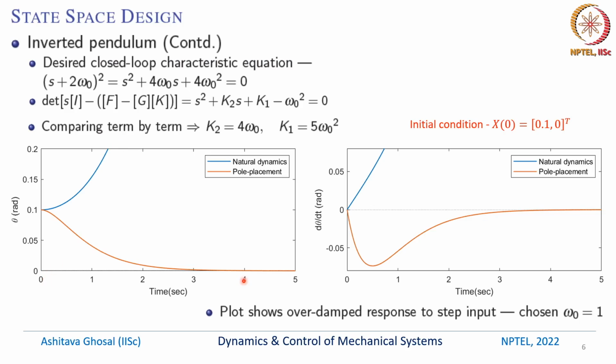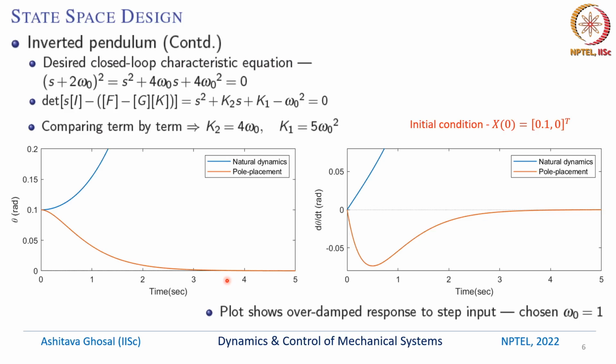It increases with time. However, when we use u equals minus kx, where k1 is 5 omega naught square and k2 is 4 omega naught, and in these examples we have chosen omega naught equal to 1, then you can see that the plot of theta goes back to 0.